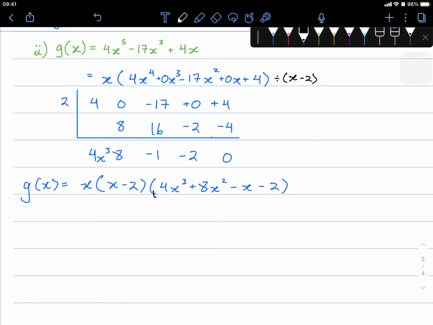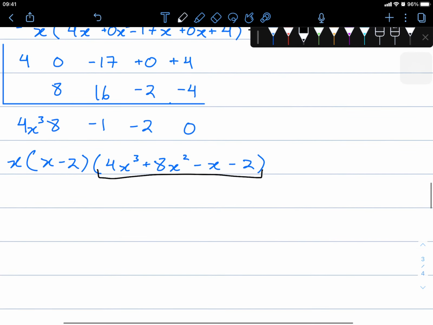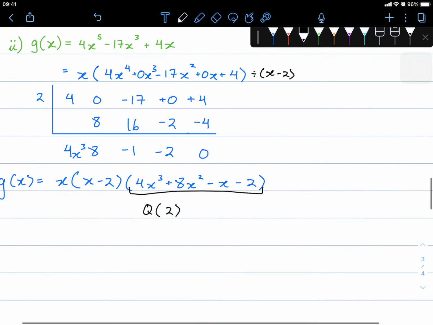Dividing this new quotient once again by a new factor, let's test. Remember that's a new quotient. Since it's negative 2, let's try positive 2 once more. Let's see if there's a repeated root here. So 4 times 2 cubed plus 8 times 2 squared minus 2 minus 2.